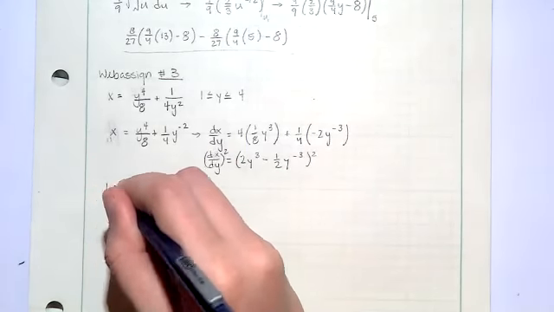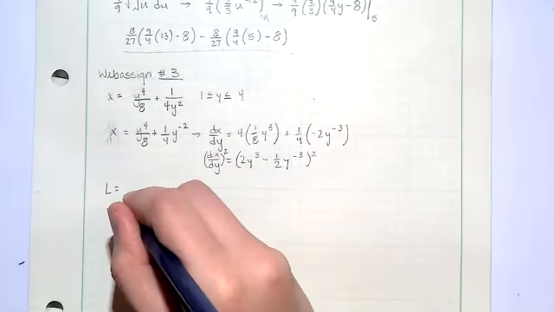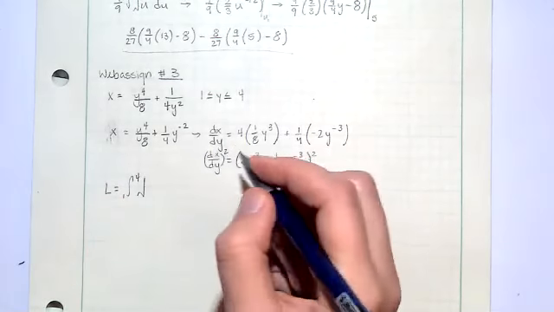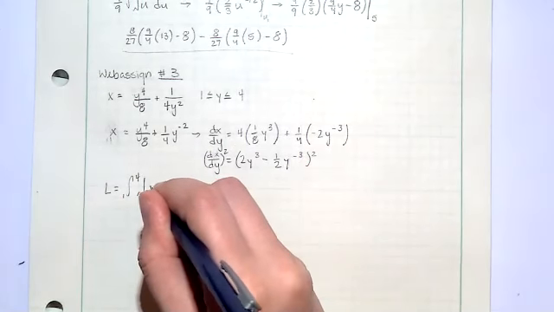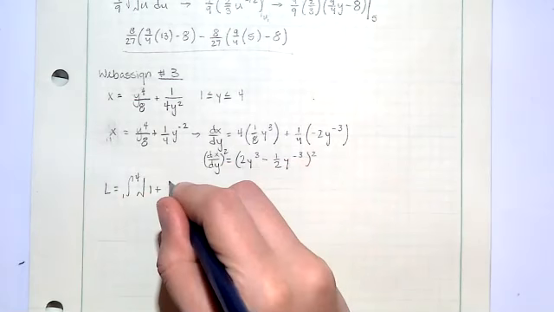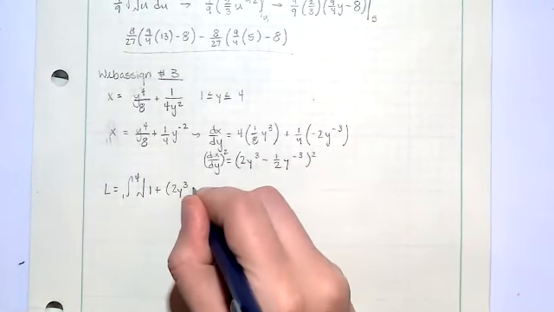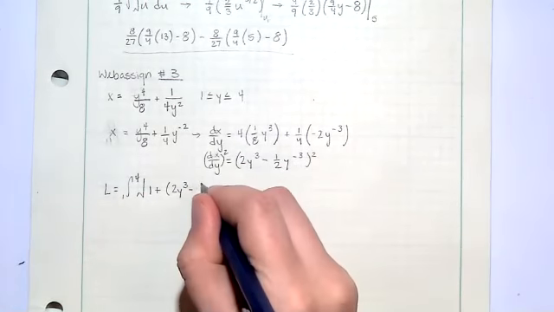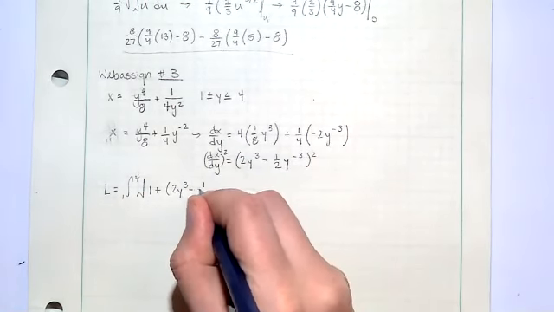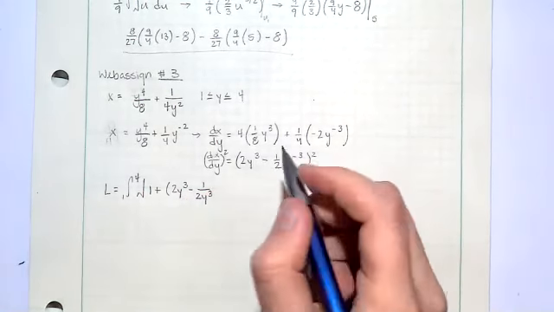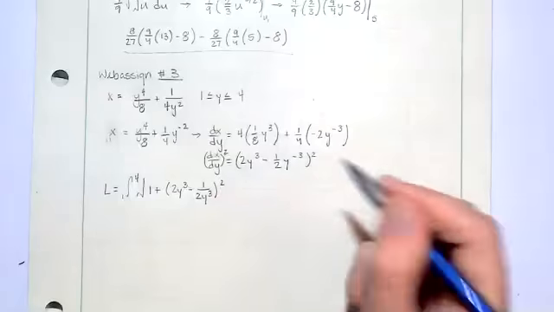So that means that our arc length is going to go from 1 to 4. And it's going to be the square root of 1 plus, and we'll just write out this whole polynomial in here, 2y cubed minus, I'm going to simplify it, 1 over 2y cubed, squared.